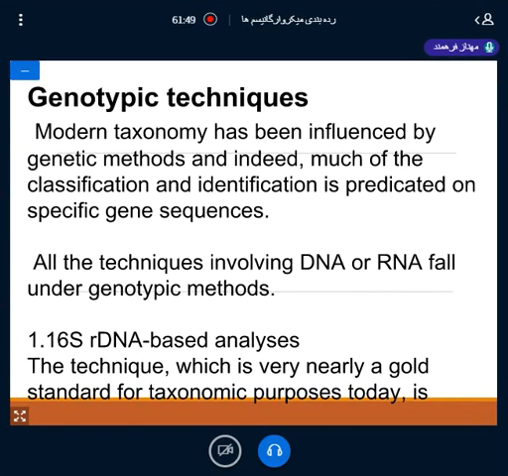Please write the number of PowerPoint number 13, genotypic techniques, that we are going to start next week. So please write the number 13, Mr. Qasim Mahabi. Number 13, thank you.